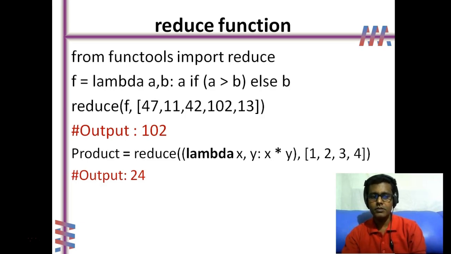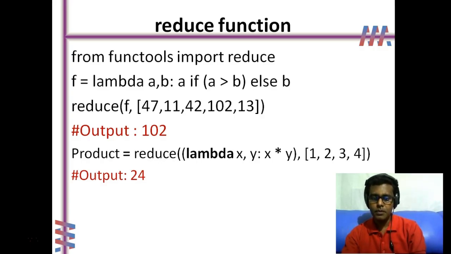Then I will take this 47 and compare it with 102. My output is 102 because 47 is not greater than 102. So my result is b, that is else b. Next, I will take 102 and compare it with 13. So 102 is greater than 13, so my output is a, that is 102.